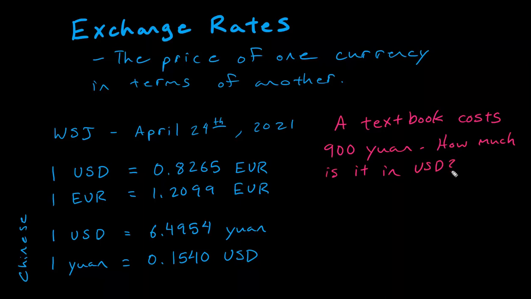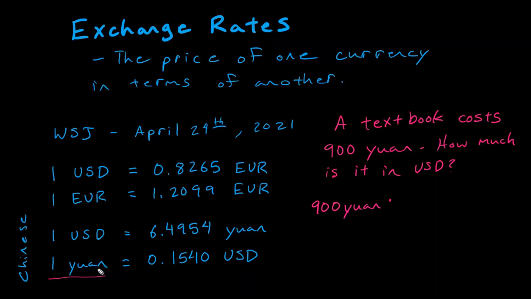This time we are actually looking for dollars because we're starting with something that's not dollars. So we've got our 900 won, and we want to put that in terms of dollars. We want to cancel those won out, so we would look for US dollars to won.